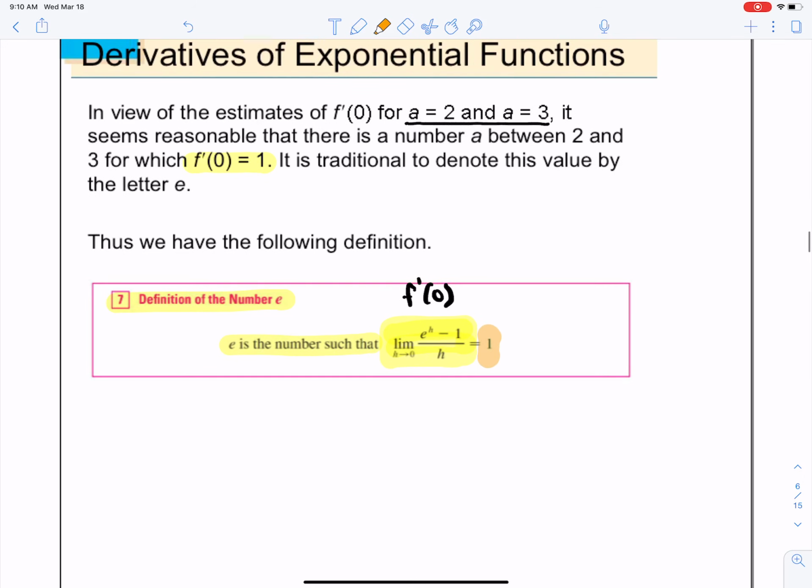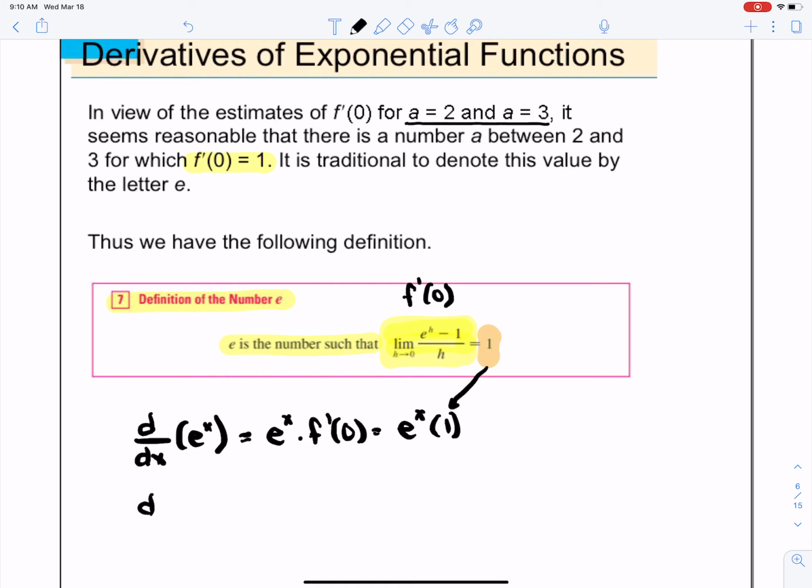So what this is saying to us is if I want to do the derivative of e to the x, the derivative would be e to the x times f prime of 0, and in this case f prime of 0 is just 1, because that's how we choose to define that value.